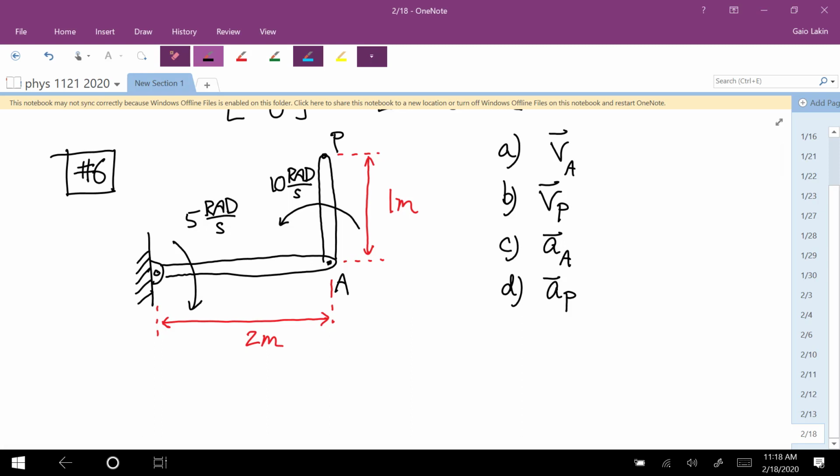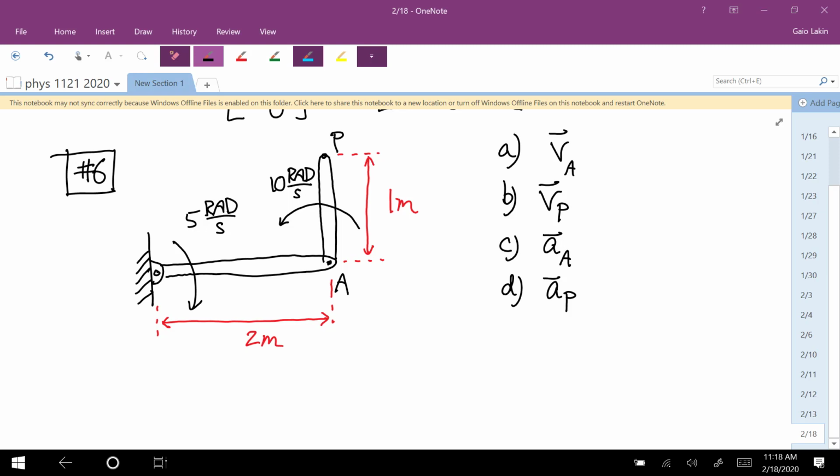Okay, so my first question is, this is not obvious on its own, but who has a guess? So forget that this is rotating, it says 10 radians per second counterclockwise.